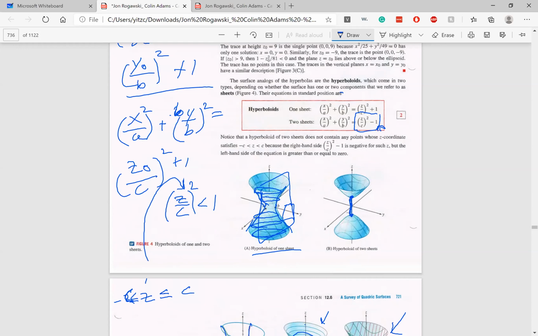Because you're having some number between negative c and c, and when you square it, you're going to have a number less than 1. Then this side over here is going to be negative, because you have a number less than 1 minus 1. But this side is positive, so these sides are never equal. So you don't have anything. And as you can see, it's just blank over here, from here to here.